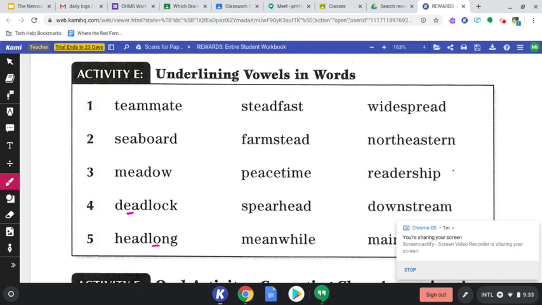So each part of a word, each one of these parts, every one of these syllables, has one vowel sound. For this first one, remember our rule this time: EA equals either a long E or a short E. That should be a long E, I apologize.